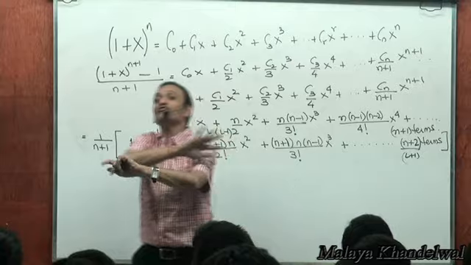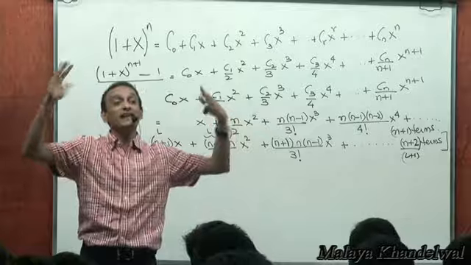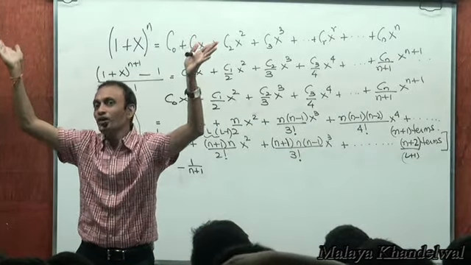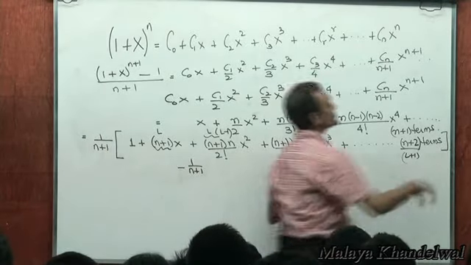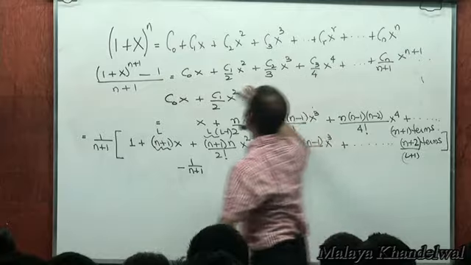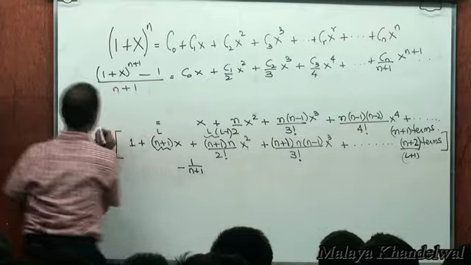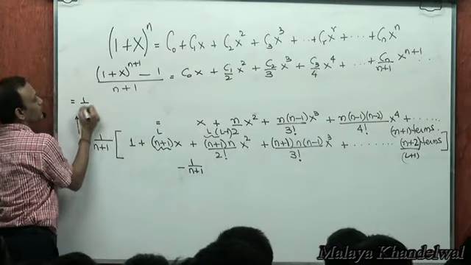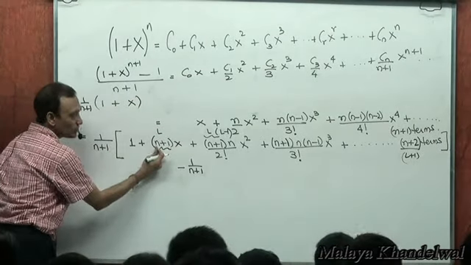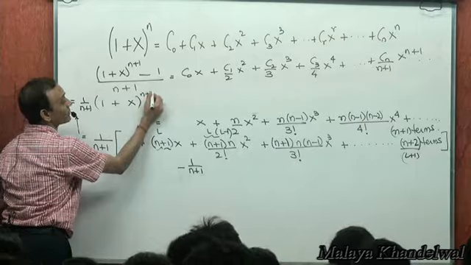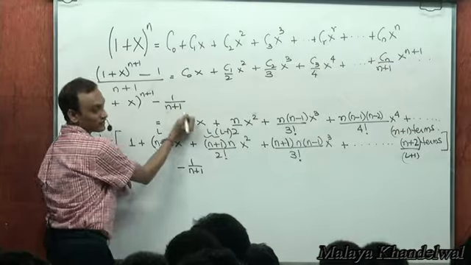Do you see the appearance of a full binomial expansion there? Right? So that must be 1 plus x to the power n. And what's the new n? n plus 1. So this then is as good as 1 by n plus 1 into 1 plus x to the power n plus 1, and then we balanced it here, minus 1 by n plus 1.